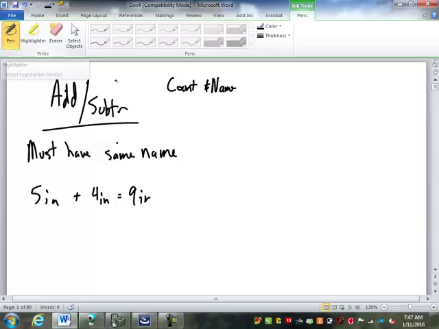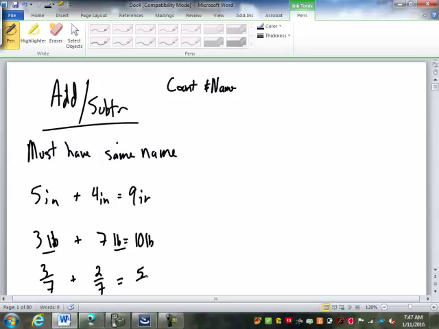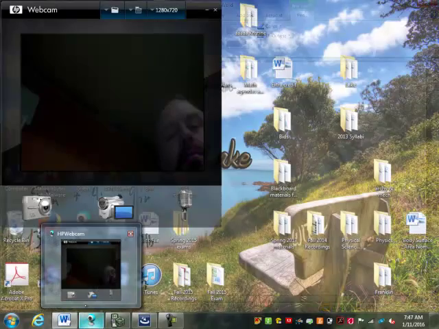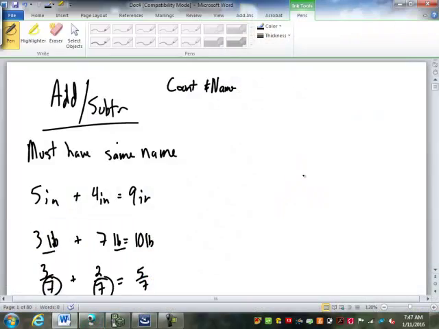Or 3 pounds can be added to 7 pounds to get 10 pounds because they have the same name. 3/7 can be added to 2/7 to get 5/7 because they have the same name. Scientific notation was the same way.